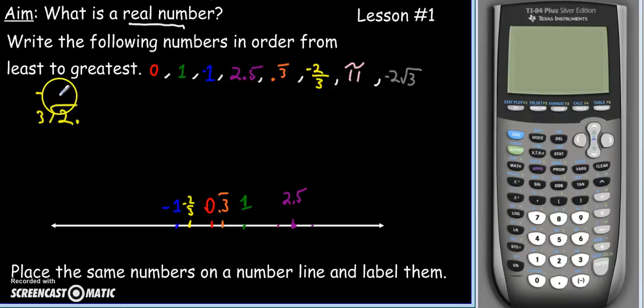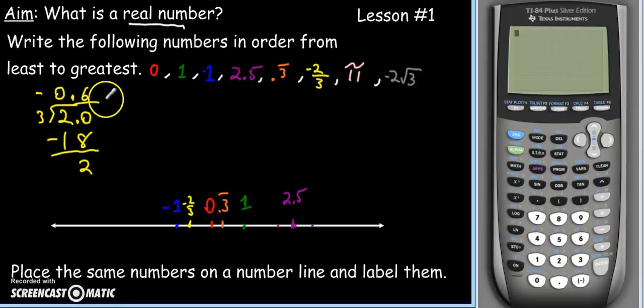3 does not go into 2, so it goes in there 0 times. We need a decimal to come up. So now we need another 0 here. 3 goes into 20 6 times evenly. 6 times 3 is 18, and we're supposed to subtract that from here and bring down the remainder. That's 2.